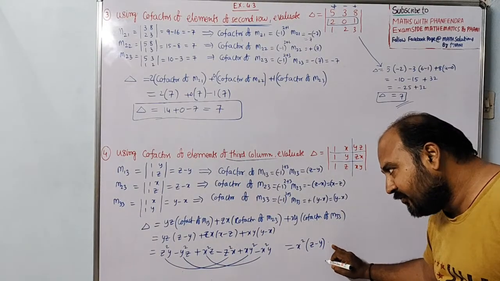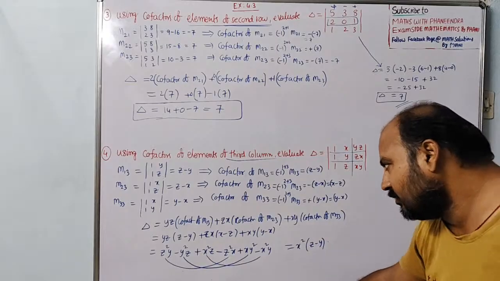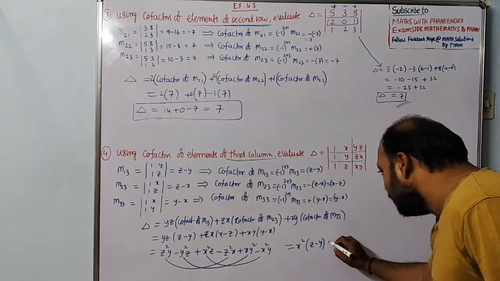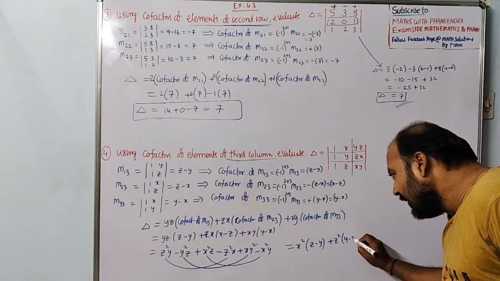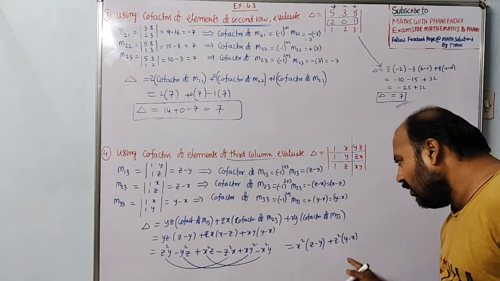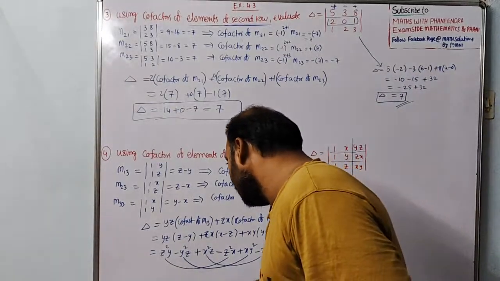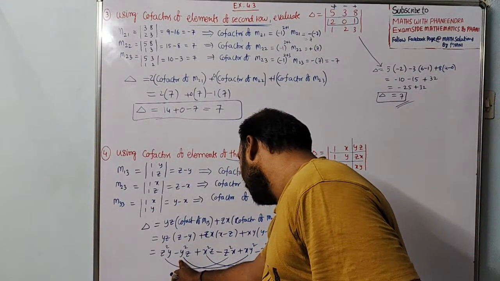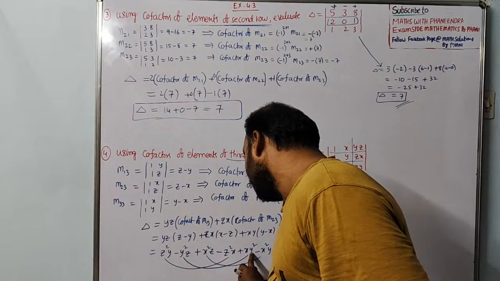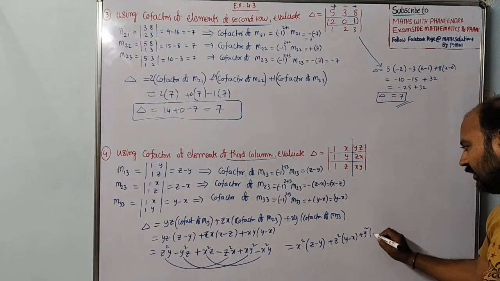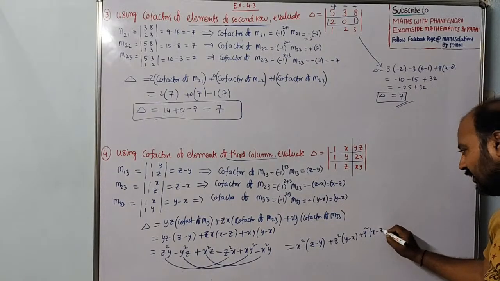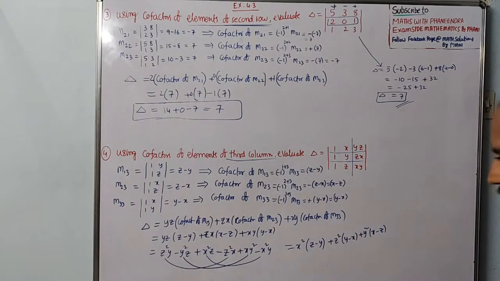Next, from these two z square, if you take out common, y minus x will be there. Even from these two y square, if we take out common, x minus z will come.